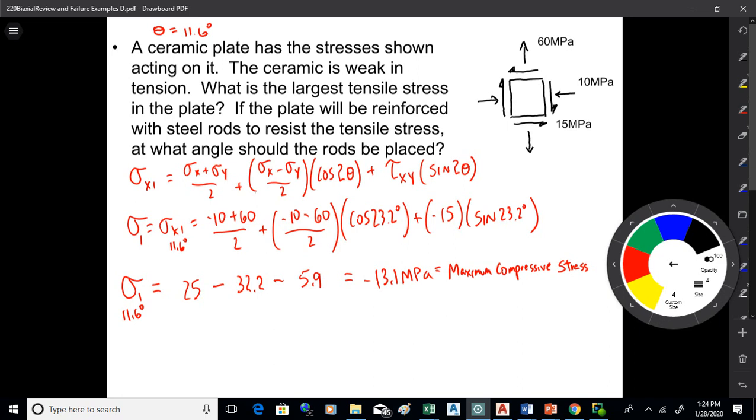And that's at 11.6 degrees. That's just found from plugging those numbers into that equation.